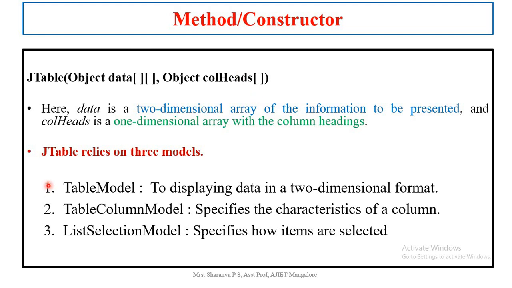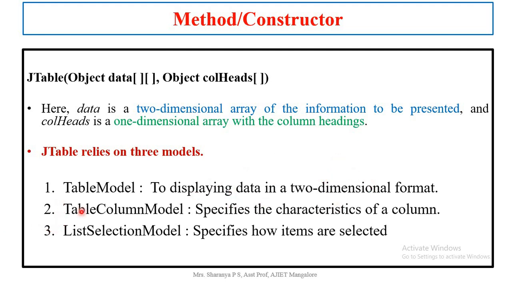And what are the major methods? There are three models that are enclosed within this JTable. The first one is the table model. This table model is used whenever we want to display the data in a two-dimensional format, the normal way we are accessing and displaying the table data.